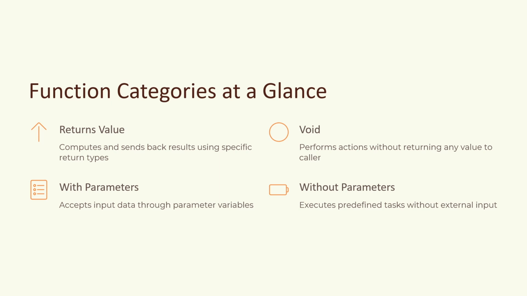Based on parameters, we can say functions with parameters and functions without parameters. Combining these gives four common function types used in C programming: functions that return values, functions that do not return values, known as void, functions with parameters, and functions without parameters.